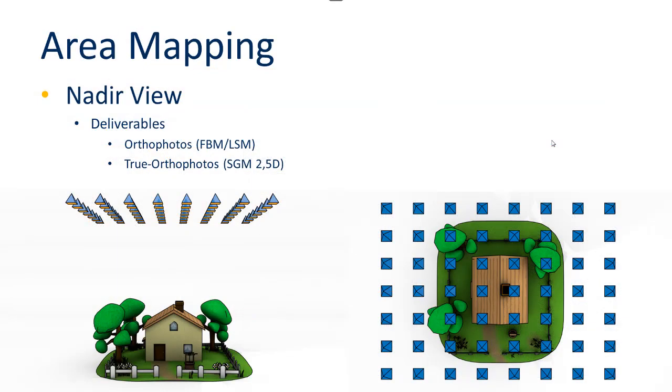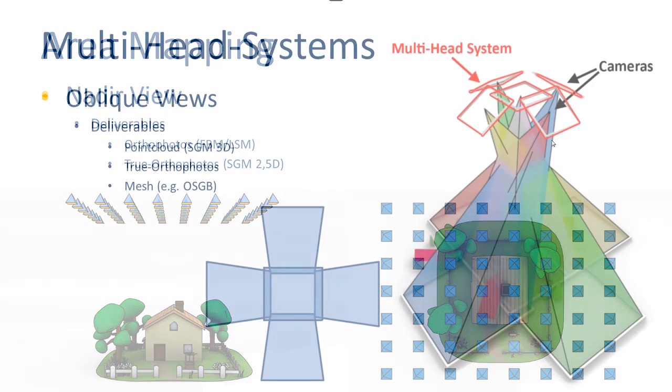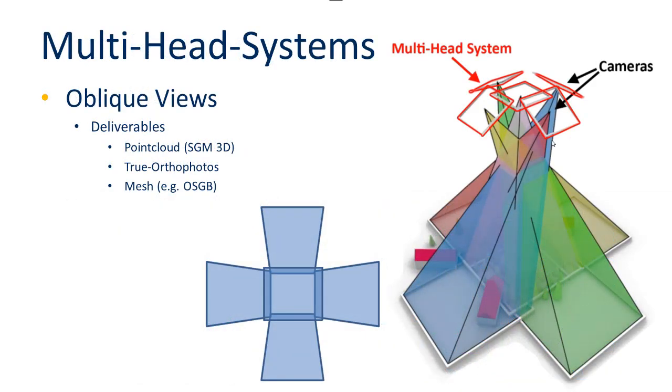For the 2.5D, an 80% overlap flight is necessary to get viewing angles on each location, so that we can extract a very good dense point cloud. So one of the other possibilities would also be a multi-head system.